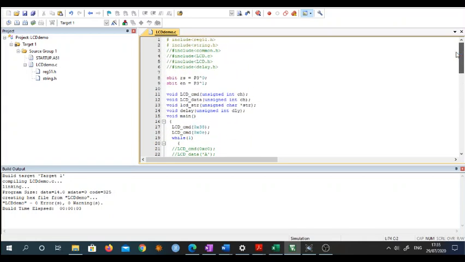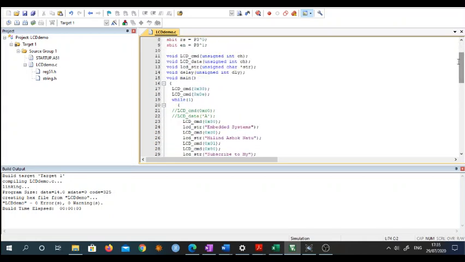And now if I run this particular program, generate its hex file and flash it into my simulation, then I will be able to see this result. So let's see what happens. I will quickly compile and build this file. There are 0 errors. Then compile and build it once again. Now you observe there is a hex file called LCD demo.